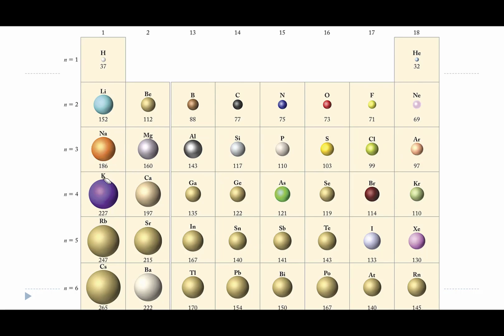As we go from left to right on the periodic table, you can think of a magnet or an arm reaching out to those valence electrons and pulling them closer, closer, closer. Then we add an energy level, and we pull them in closer again. So left to right, we're touching those valence electrons and pulling on them with a greater force, causing that atomic radius to be smaller.